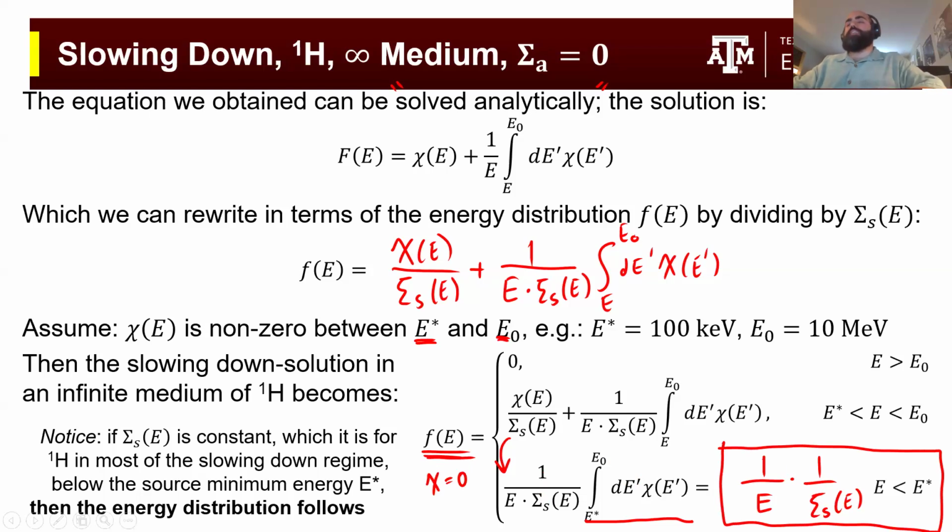And 1 over sigma s is basically constant in the slowing down regime. So that's why we say that in the slowing down regime, the energy distribution follows 1 over E.